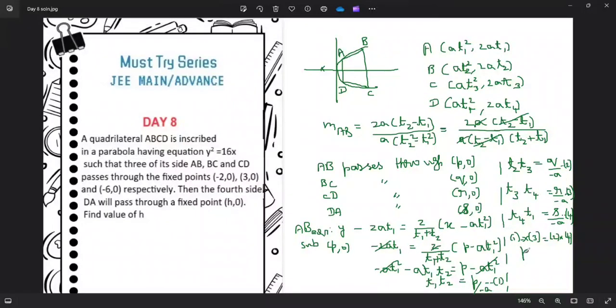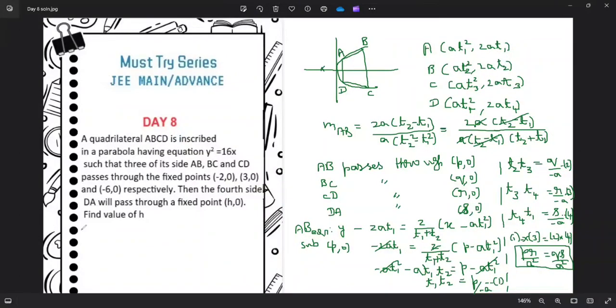So from that, pr by a squared is equal to qs by a squared. So p into r should be equal to q into s. This is the result you must remember, people. If you remember this formula, then this question is a very easy question.